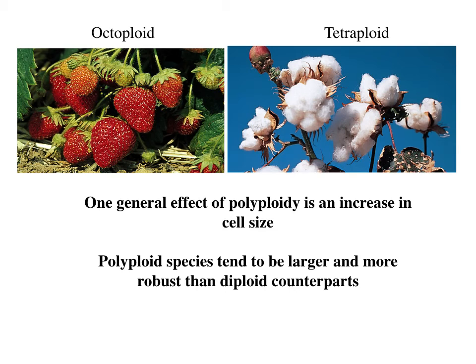But on the flip side, and we see this in agriculture a lot, sometimes they have a hard time propagating, and so in a lot of cases you have to have human-mediated propagation of the crops because they're polyploid. But the upside, again, is that you have larger and more robust plants, and so that's obviously a benefit to humans.